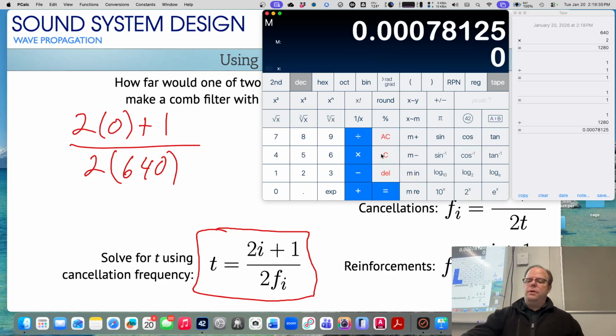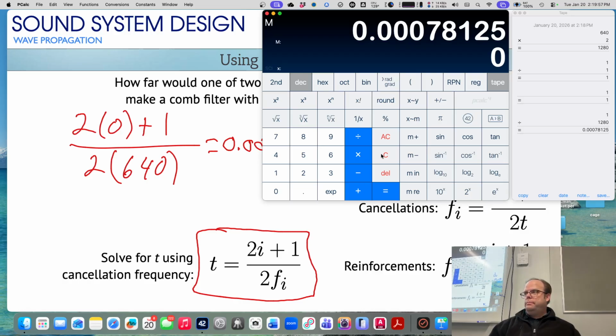So how do I convert that to distance? That's in seconds. Would you multiply it by 1,130? Multiply it by 1.13?